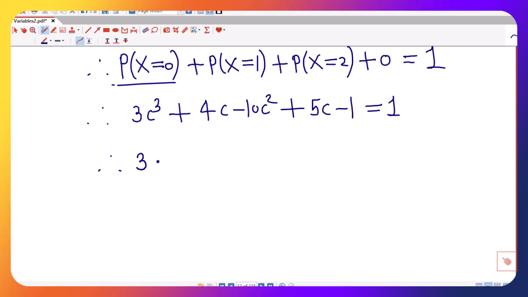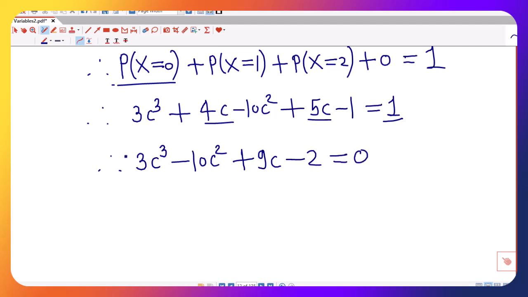So first we write this as a cubic polynomial: 3 times c cube, minus 10 c square, and 4c plus 5c that is 9c, and if I transfer the 1 to the left hand side I will have minus 1 minus 1, that is minus 2, equal to 0. Now we have to solve this cubic polynomial equation.